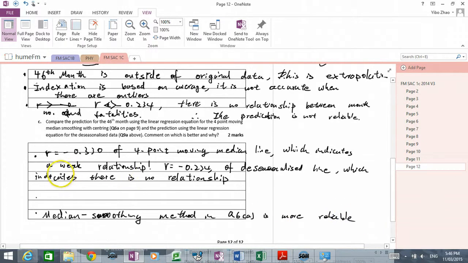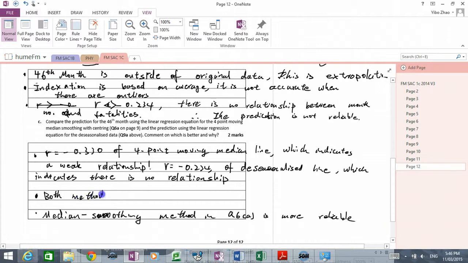Then we need to talk about the variations. When talking about reliability in seasonalized data, we need to talk about the variations.